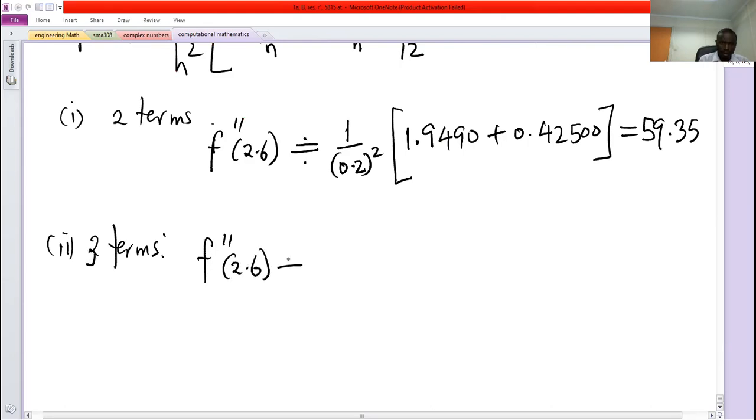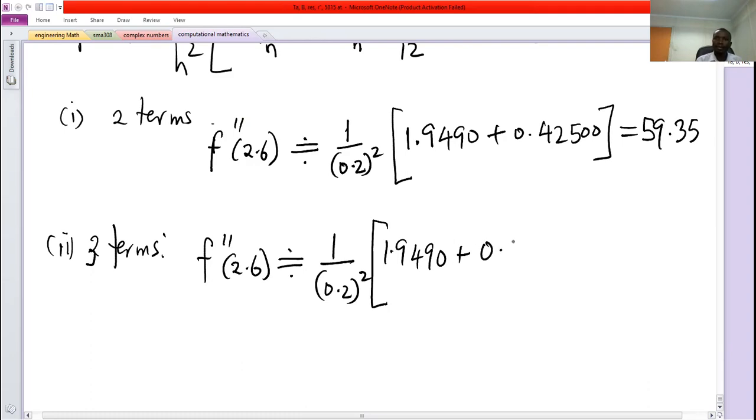f double prime at 2.6 will be approximately 1 over 0.2 squared into 1.9490 plus 0.4250 plus 11 over 12, 0.0089.